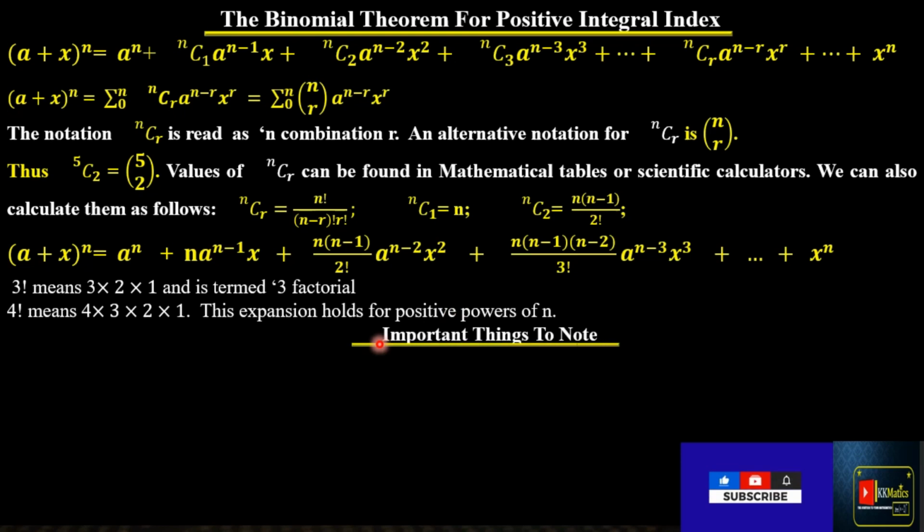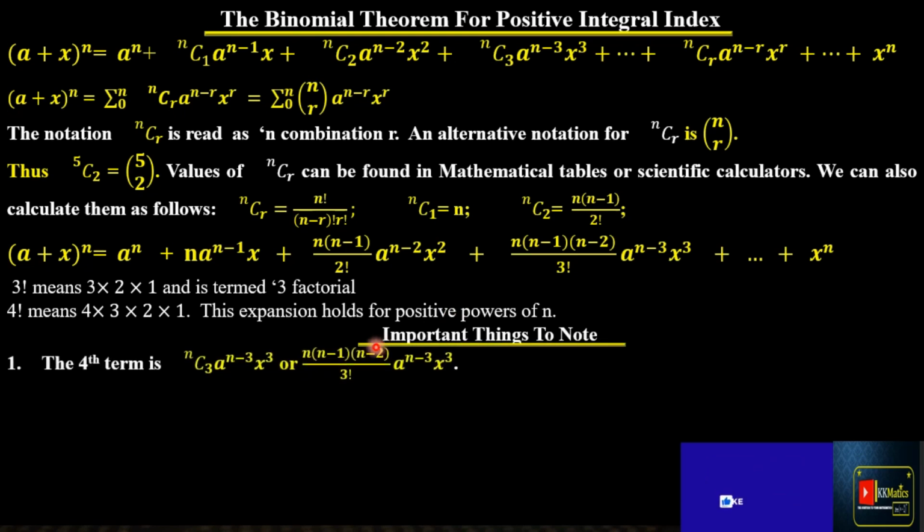Let's consider important things to note here. The fourth term is always written as this, so be very careful. There is a reason why we want to take note of this. Whenever you are told to find the fourth term, always remember that the power of x should be less than 4. So here, for the fourth term, the power is 3.